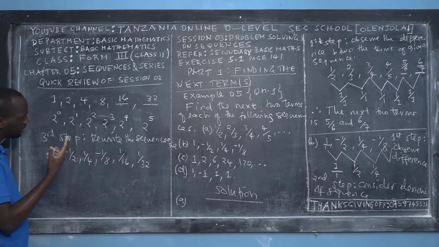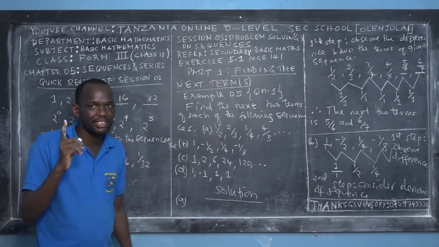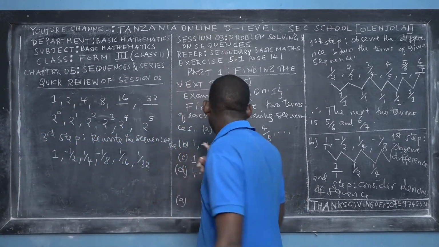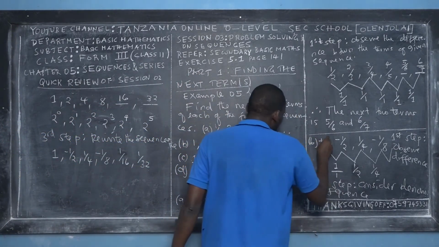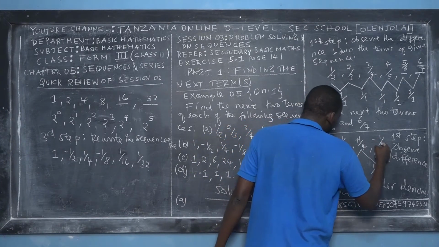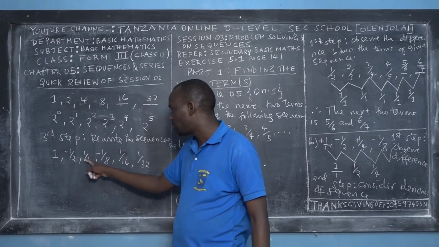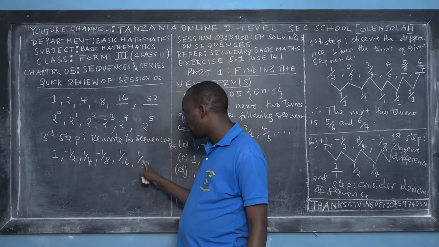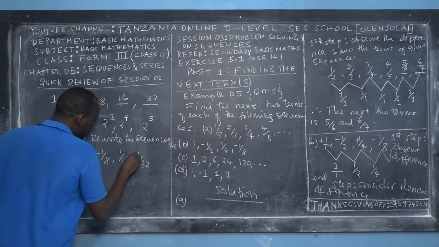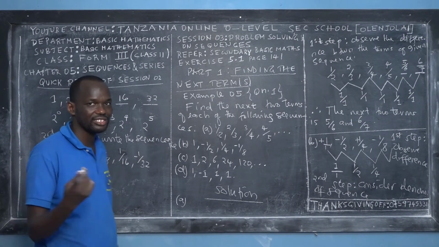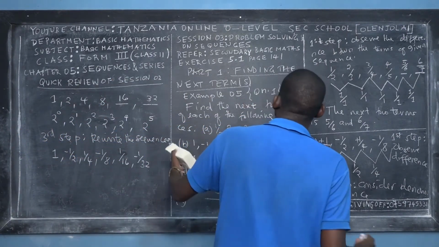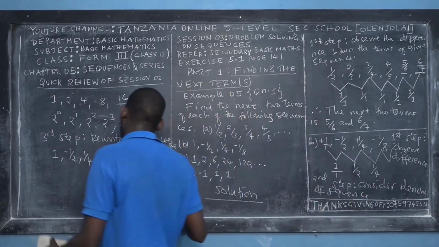But remember that, again, now you have to examine the sign. The sign, this was positive, this is negative, this is positive, this is negative, so that's the pattern. So this is positive, this is negative, this is positive, this is negative, this is positive, this is negative. So this will be negative 1 over 32. So the question asks you to find the next 2 terms of this sequence.